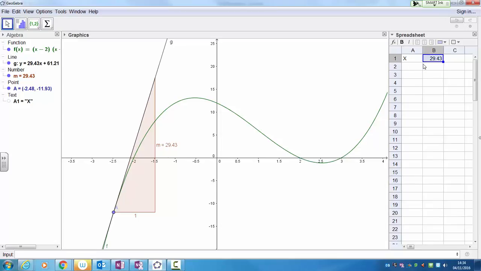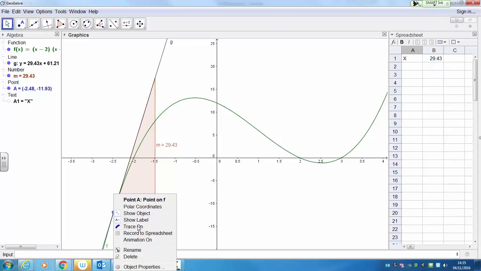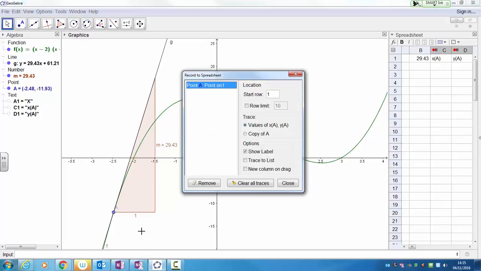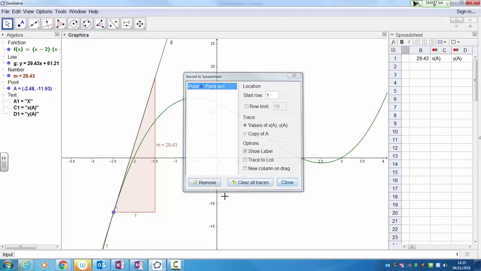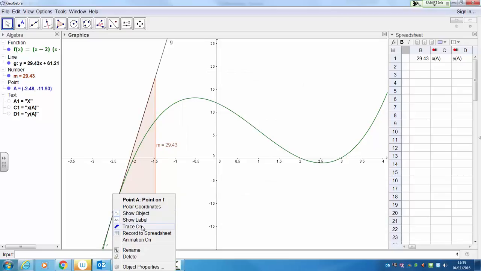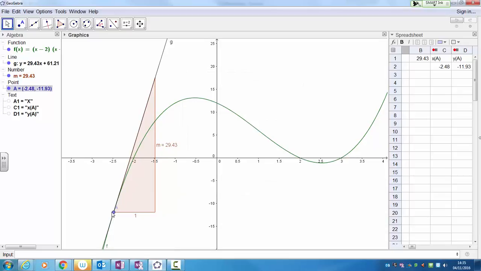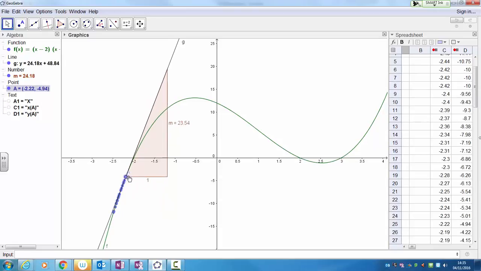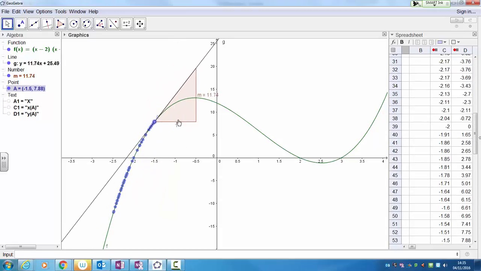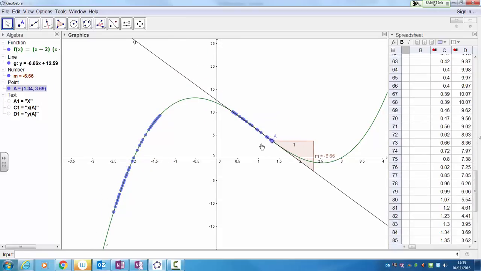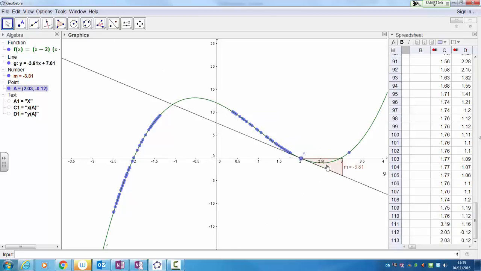I'm not sure if this will work. But what I'll try and do is record this on a spreadsheet. Okay, and I'll also trace it. Let's see if this works. Fingers crossed. I'll move this down. It's actually tracing that, which is fine. Okay, it's gone all the way down.